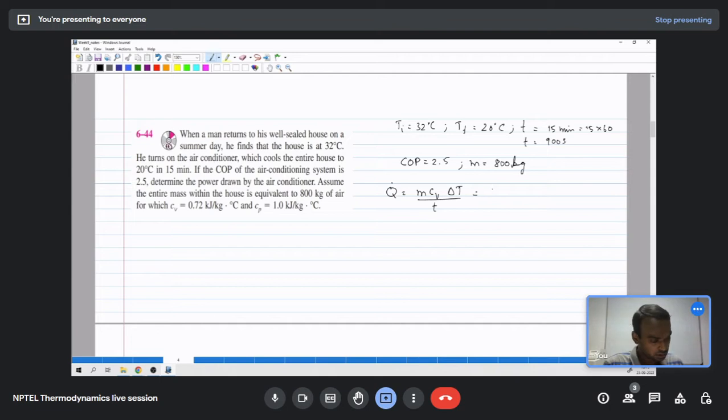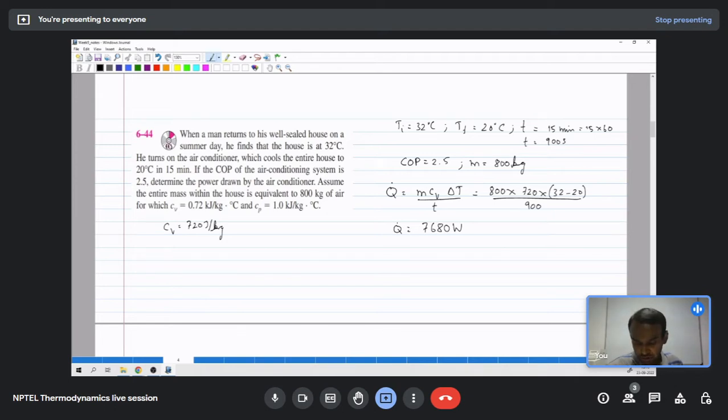So this is M is 800 kg and CV is given as 0.72 kilojoule per kg, which is 720 joule per kg. So I have 720 here into delta T is 32 minus 20 divided by time taken, which is 900 seconds. So Q dot is 7680 watts.